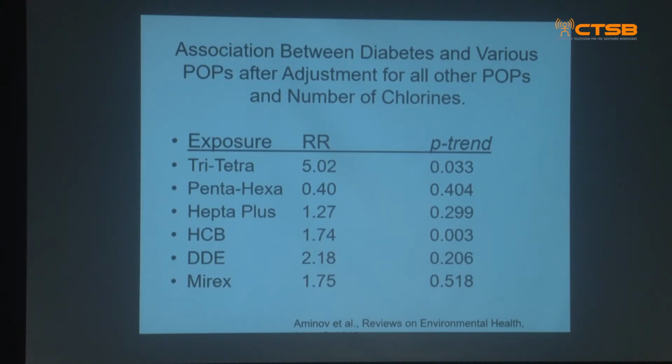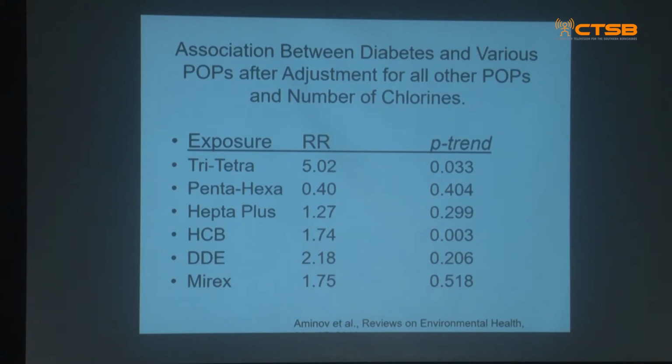We already had collected that data, as compared to those that had 5 to 6 or more than 7. And what you see is there was a 5-fold increased risk of diabetes for those people related to their concentrations of the PCBs with 3 and 4 chlorines. There was no association when we looked at the higher chlorines.